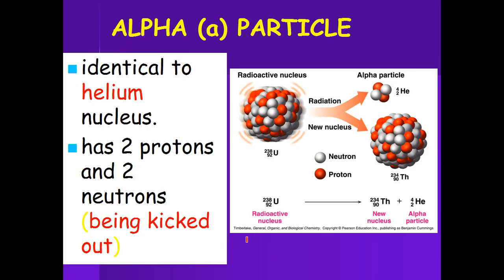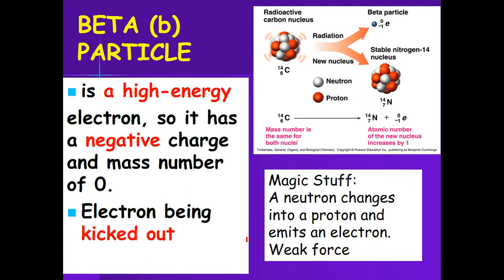An alpha particle is identical to a helium nucleus: 2 protons, 2 neutrons. Beta radiation is where you're going to change something. It's like magic. A neutron changes to a proton and emits an electron. This is what we call the weak force.